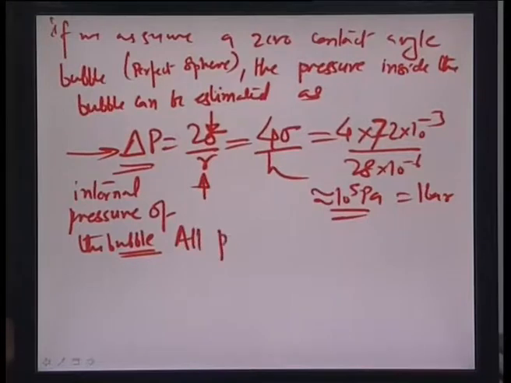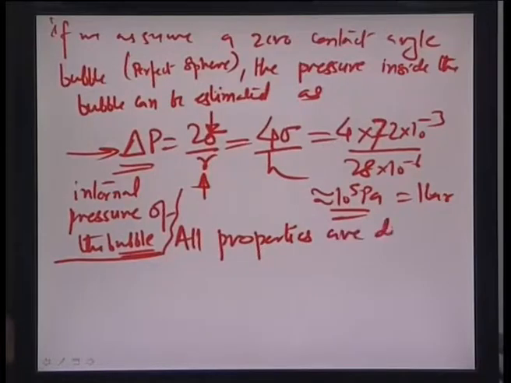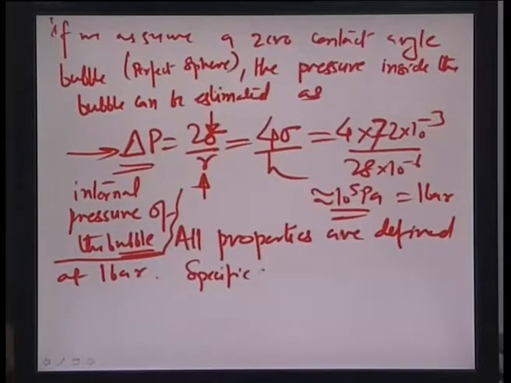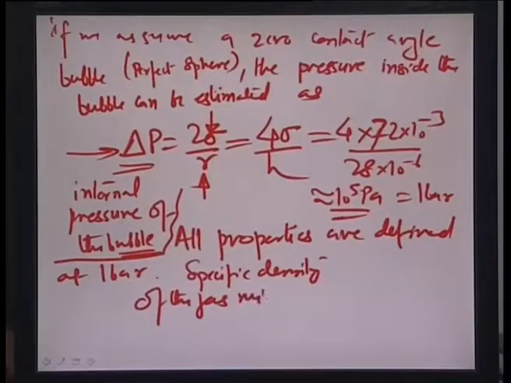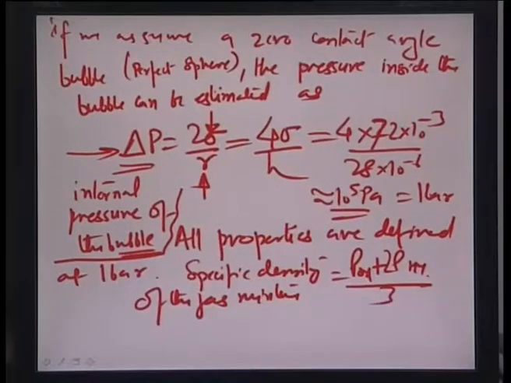So all properties are defined at 1 bar. The specific density of the mixture of gases can be obtained as the specific density of oxygen at 1 bar pressure and 25 degrees Celsius plus 2 times the specific density of hydrogen, divided by 3.